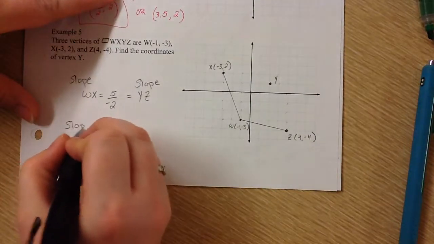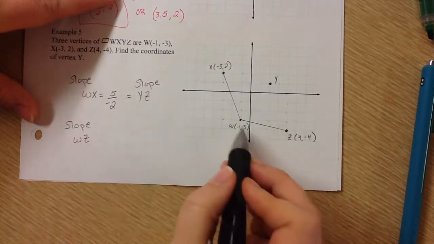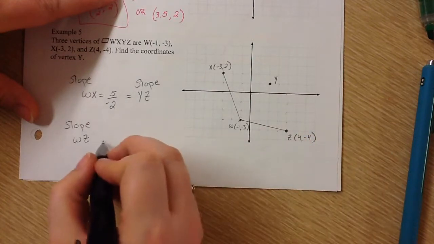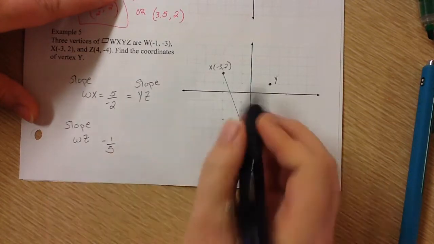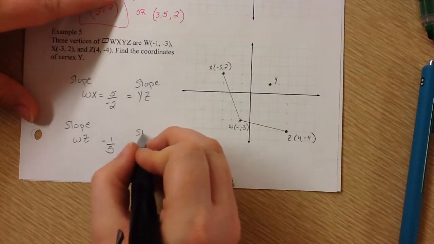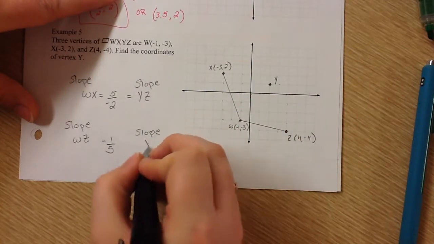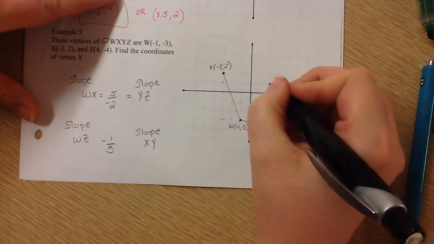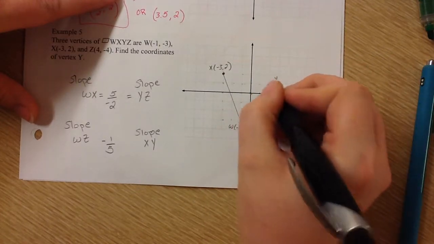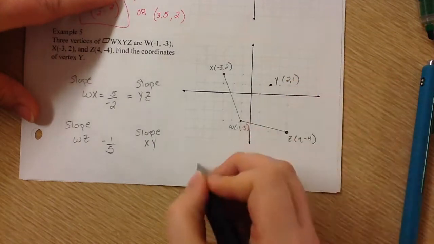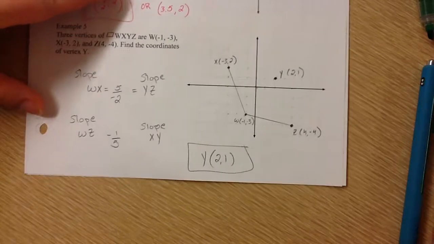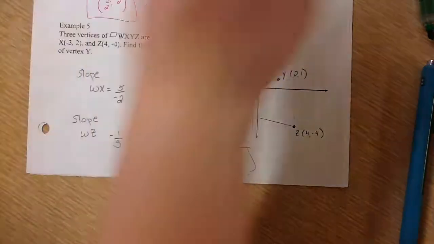Let's do the slope of W to Z: down 1 over 5. Now let's do the slope of X to Y: down 1 over 5. Yep, so Y here is at the coordinate (2, 1). So Y is the ordered pair (2, 1). And we got all of that just by using that idea of slope.